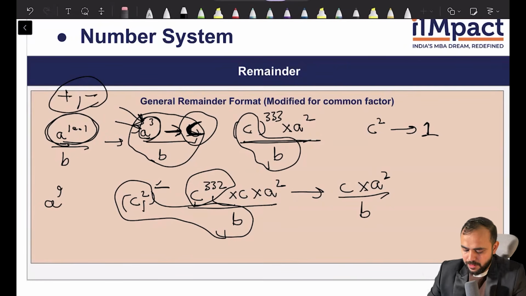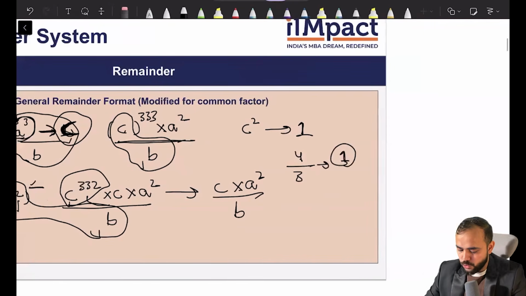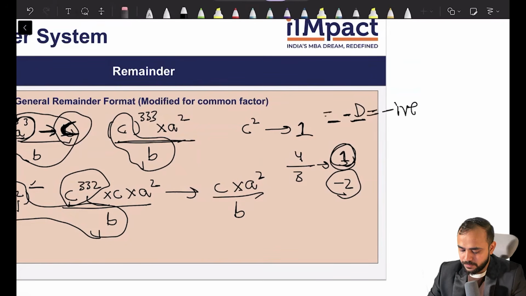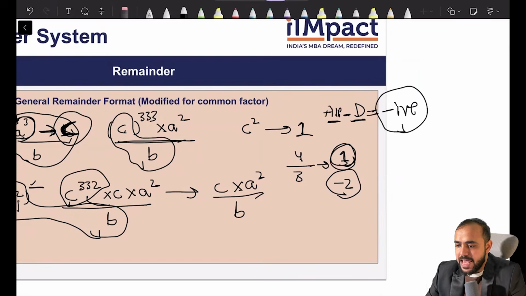So if you remember, 4 when divided by 3 leaves a remainder of 1 which is positive, or you could also say that it leaves a remainder of minus 2 when divided by 3. So the trick being the positive remainder minus the divisor is equal to the negative remainder. So you can leverage your negative remainder as well.